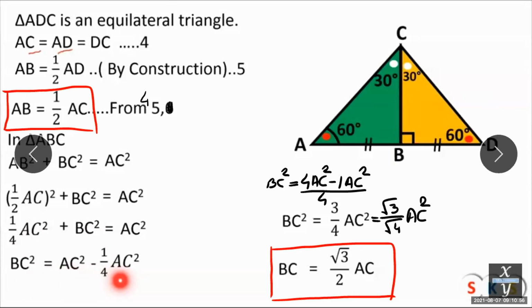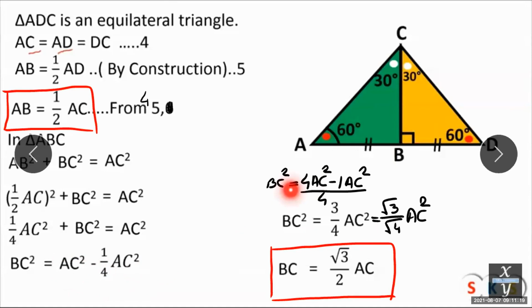So before subtraction, we have to equalize the denominator. To equalize the denominator, we will do cross multiplication. Cross multiplication means this denominator will multiply to this numerator. Then 4 into AC square, that is 4 AC square.